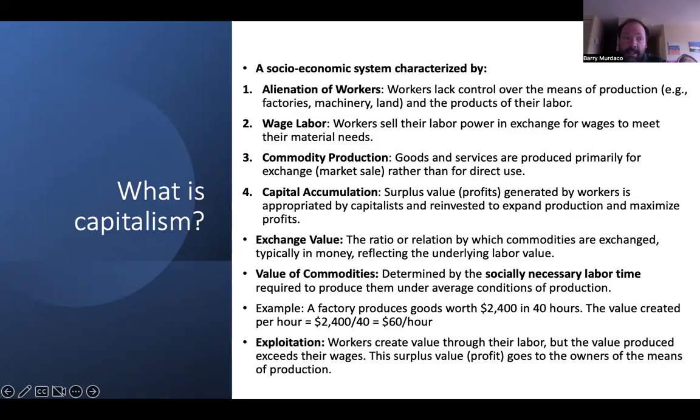And in essence, the capitalists themselves care very little for the actual physical, tangible properties of these goods. All they really care about is the exchange value that's embodied in them. So again, production for exchange rather than production for use.